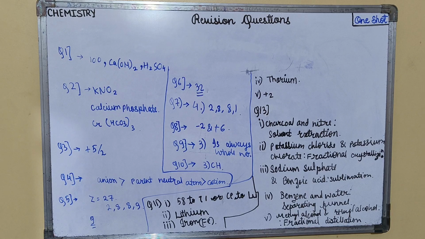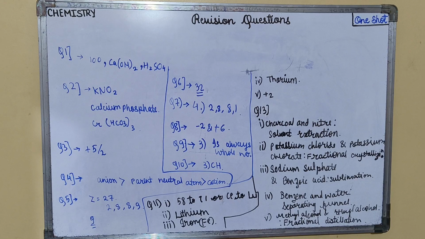Fourth is separating funnel method of benzene and water. The separation of two liquids which do not mix with each other and are of different densities is done through a separating funnel.